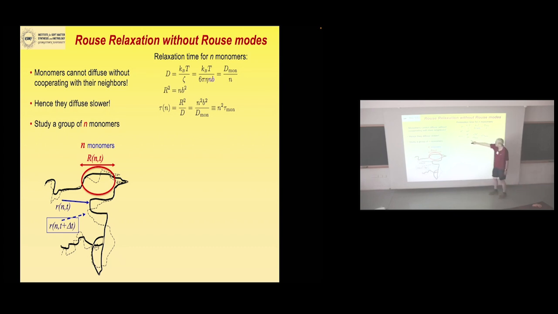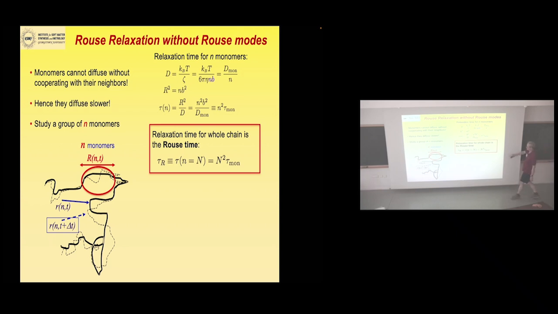The diffusion coefficient picks up a factor of n because that's the monomer diffusion divided by n. R squared is proportional to n. So that means the time scale for things to relax within that region within which they're confined scales as n squared. So this is the same thing that we got from doing the Rouse modes.